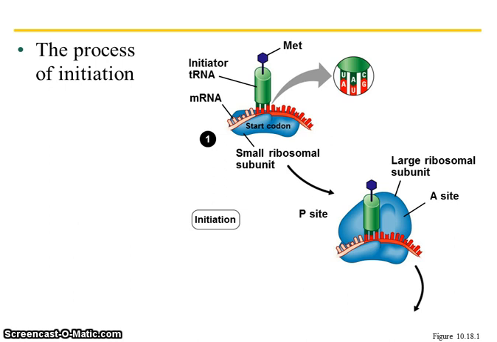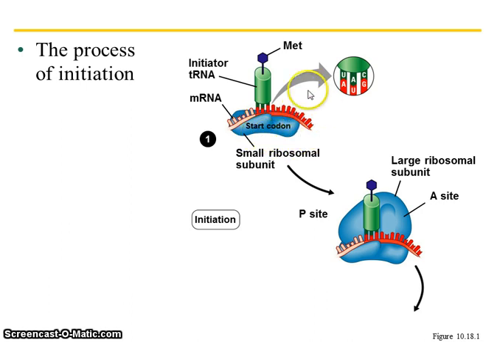Just like transcription, translation has 3 parts: initiation, elongation, and termination. So in initiation, remember, proteins are made at the ribosome. This blue part here is part of the ribosome, the small subunit.